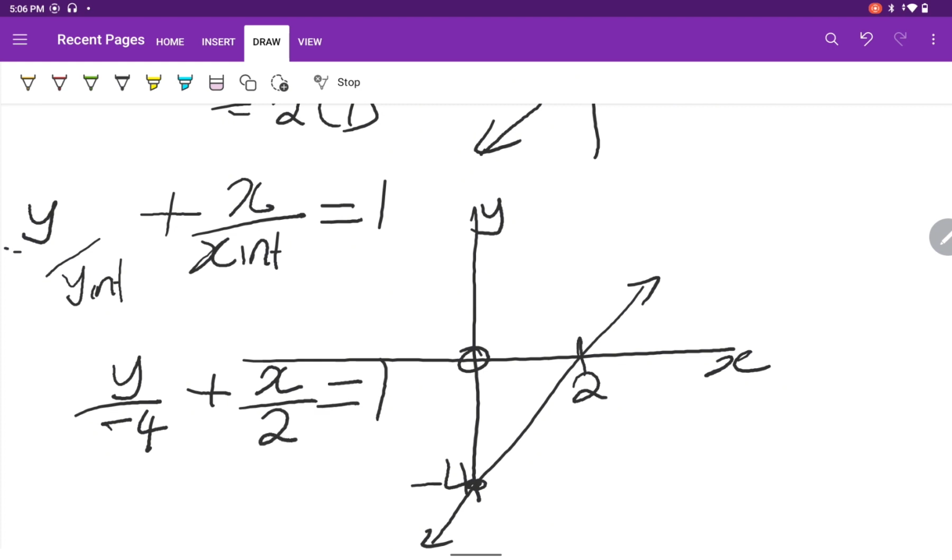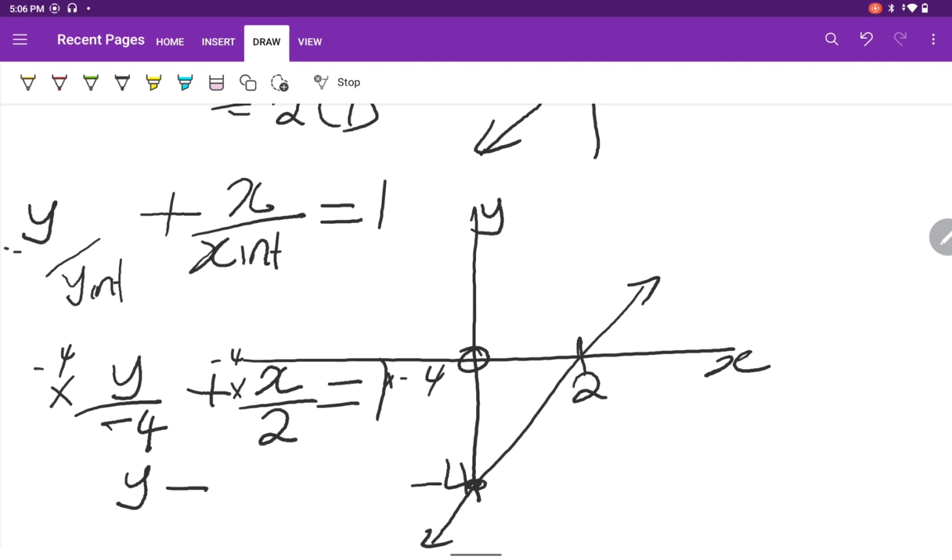Right, so in this case we can multiply by the LCD throughout, which is negative 4. So if we multiply the y over negative 4 by negative 4, we will get y. So we'll multiply by negative 4 throughout. So we will have y here.